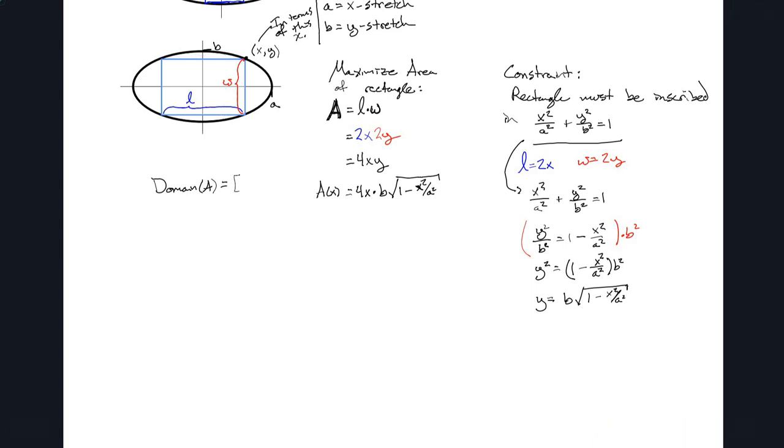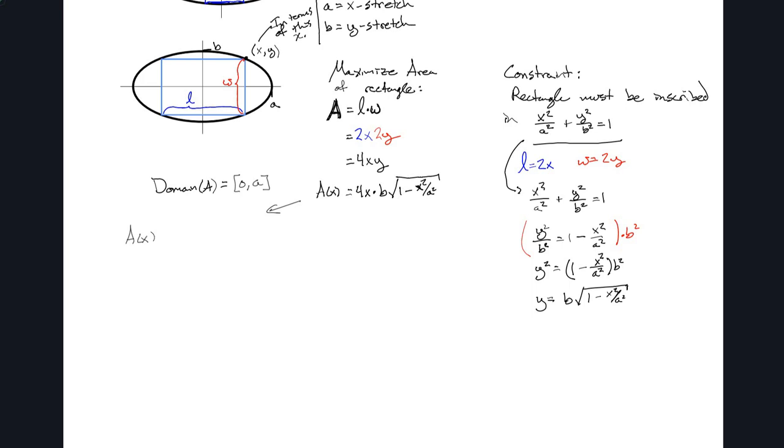So the domain here is going to be 0 for x all the way up to a. And from this, we're going to start going through our whole derivative process. So we're going to get into a whole lot of algebra here. So let's take this nice and slow.